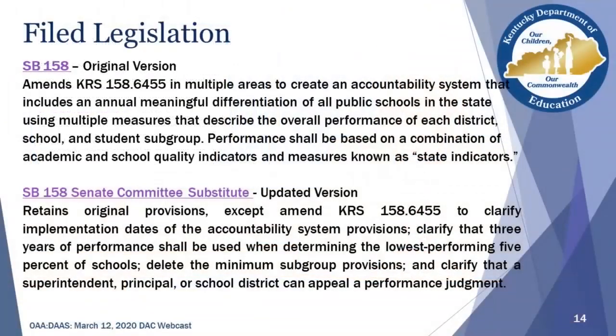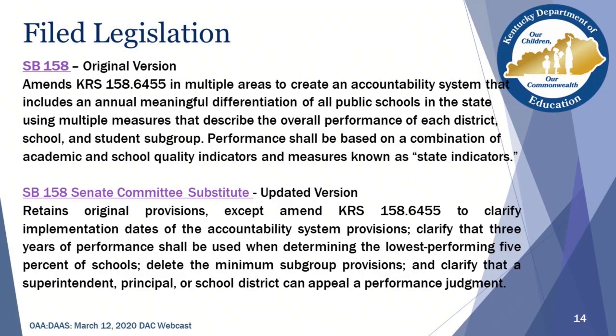So let's start with the one with the most sweeping change, and that's Senate Bill 158. Senate Bill 158 amends KRS 158.6455 to create an accountability system that includes an annual meaningful differentiation of public schools in the state using multiple measures that describe the overall performance of each district, school, and student subgroup.